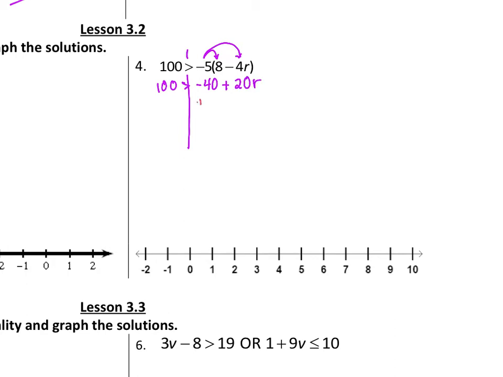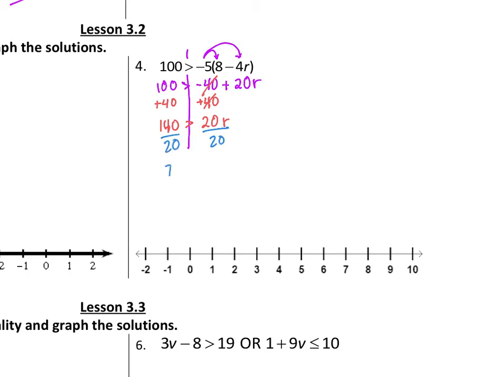Add that 40 to both sides to get it away from the r. I've got now 140 is greater than, let's see, cancel 20r, and then divide both sides by 20.